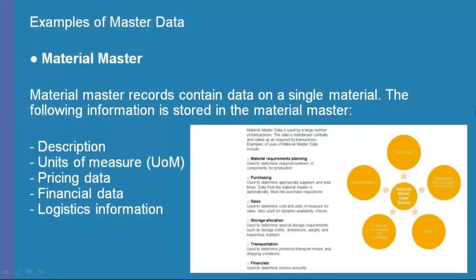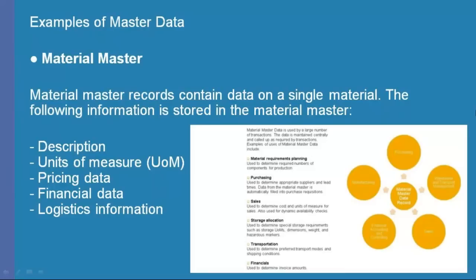Now what are the primary data we need to deal with? As far as material is concerned, we first deal with the material basic information. Basic information comes with material type, material group, unit of measure. These are all basic details. Then we have extended details like the relevant sales org and the relevant plant.